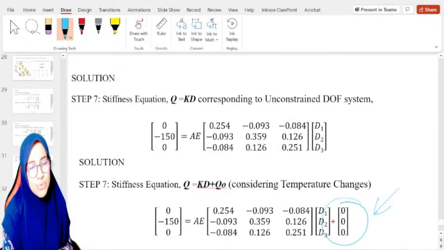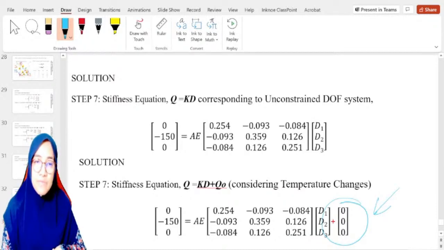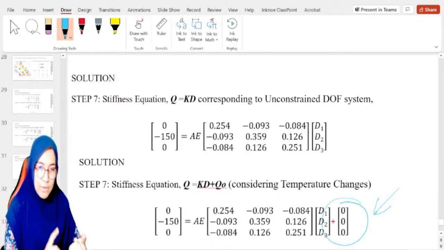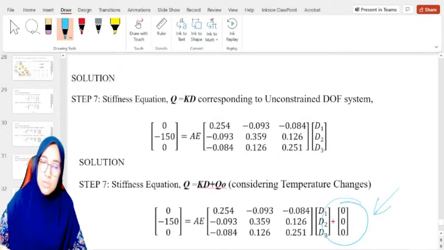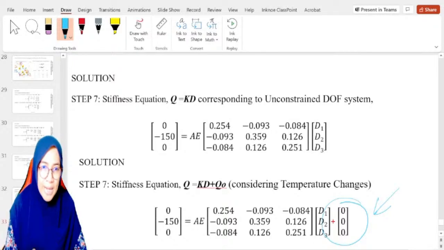I want to show you the difference between just having the stiffness equation without the effect of temperature or fabrication error. The upper part is the direct solution, Q is equal to KD, without any effect. And the lower part is whenever we need to consider temperature changes.